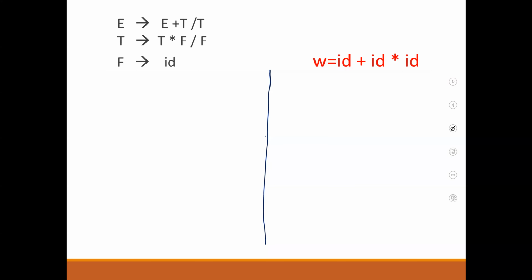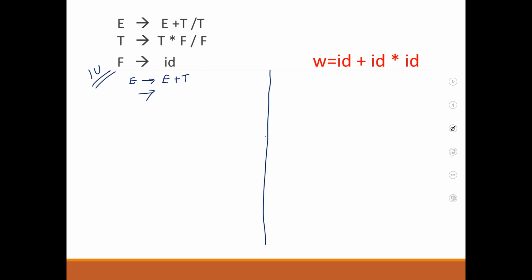ID plus ID into ID. Okay, so you start top down. E is equal to E plus T. Okay, you have to do leftmost derivation. The leftmost has to be replaced first.